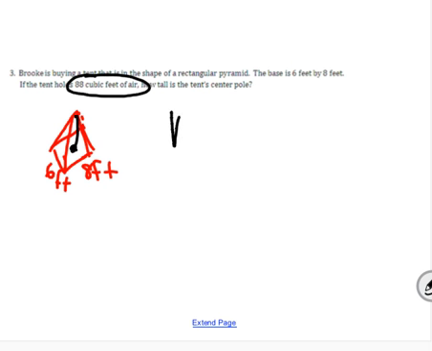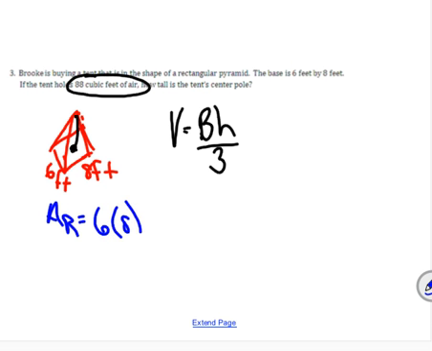So volume is equal to base times height divided by 3. Good news for us is we know the area of a rectangle is going to equal 6 times 8, so the area of the rectangle is 48. What we're looking at is a backwards problem, because it wants me to find the height.